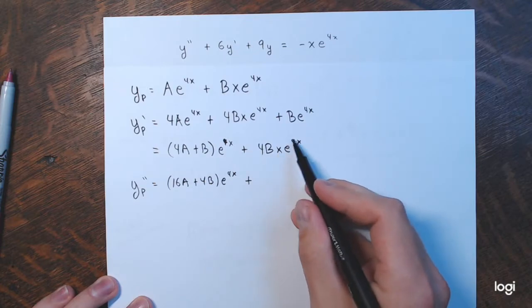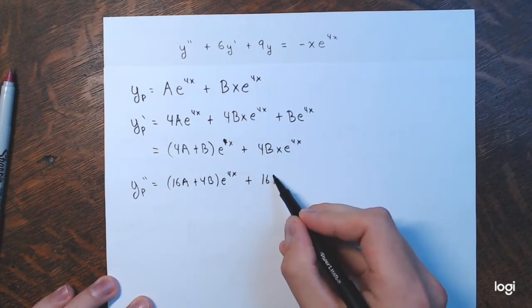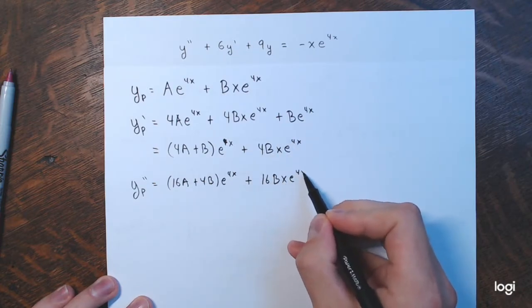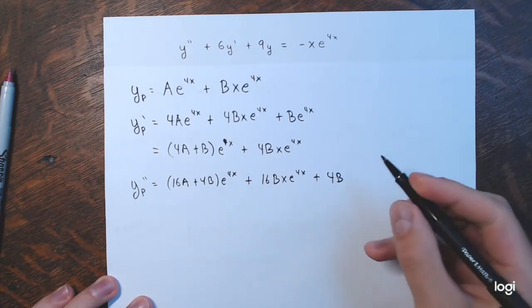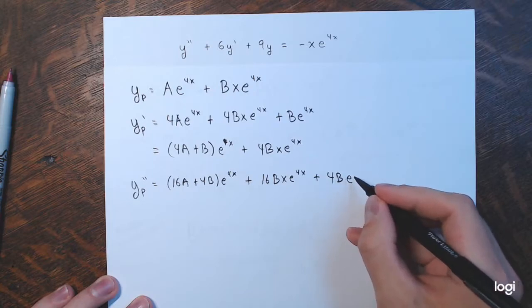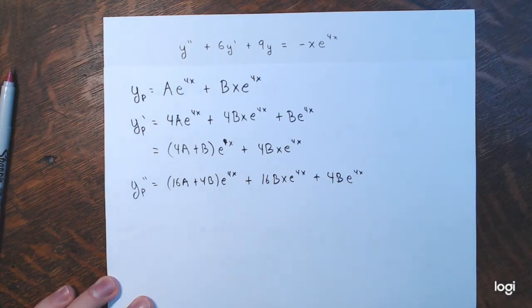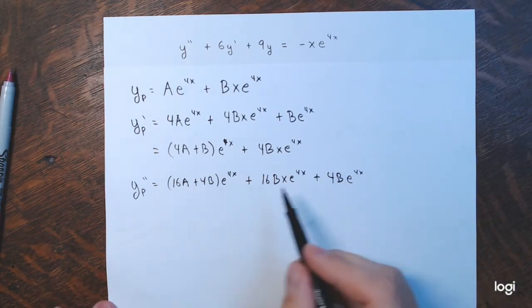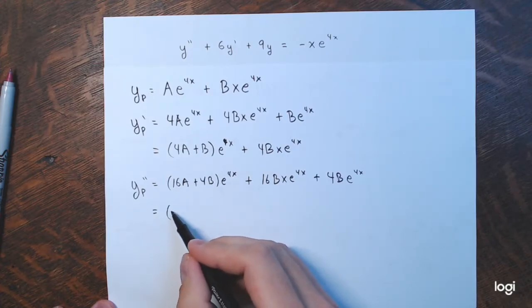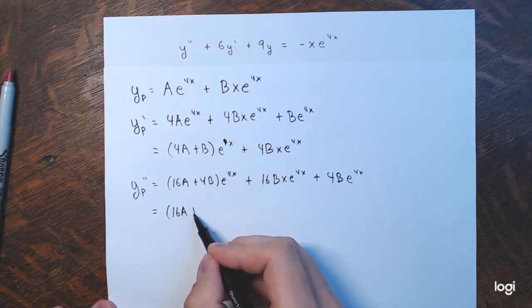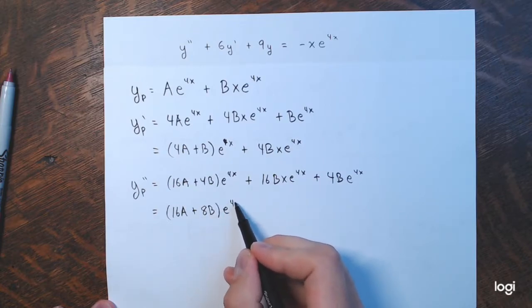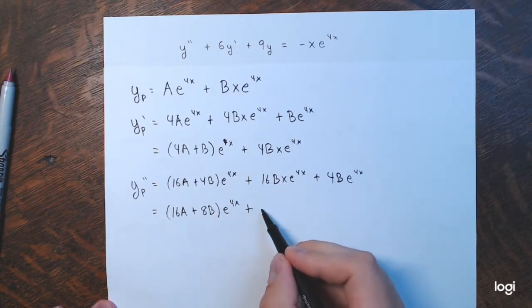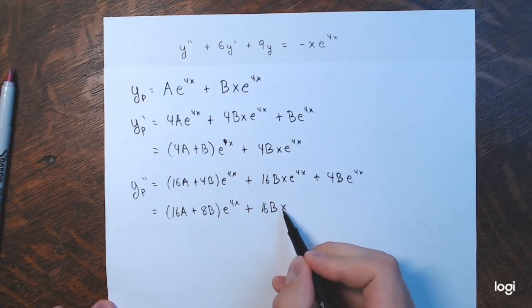So 4b x, and then 16b x e to the 4x plus 4b e to the 4x, and then combining some more like terms, the e to the 4x terms, I end up with this 16a plus 8b times e to the 4x, then plus 16b x e to the 4x.